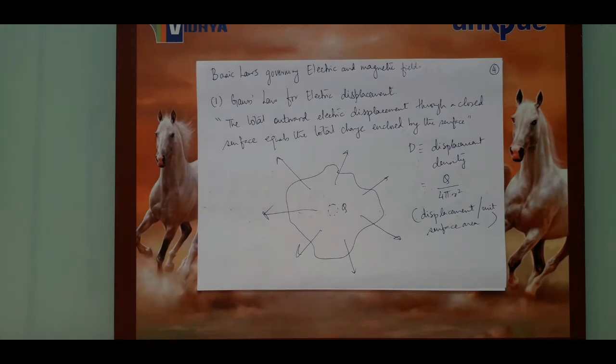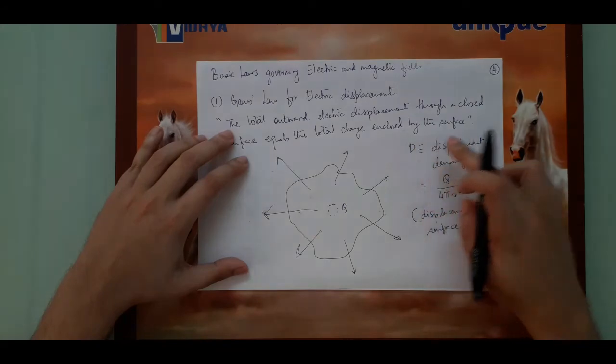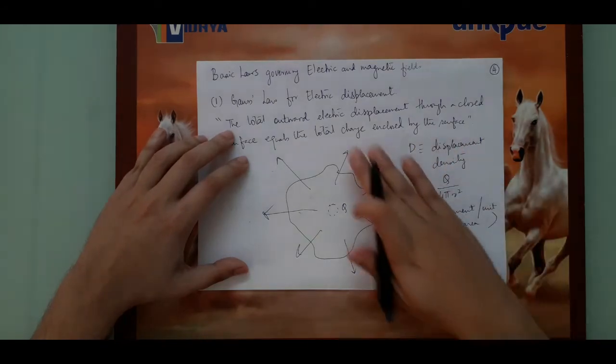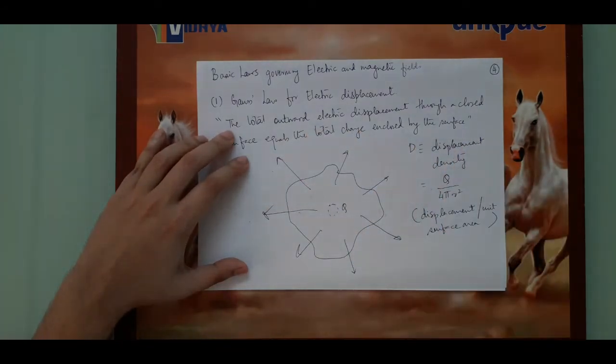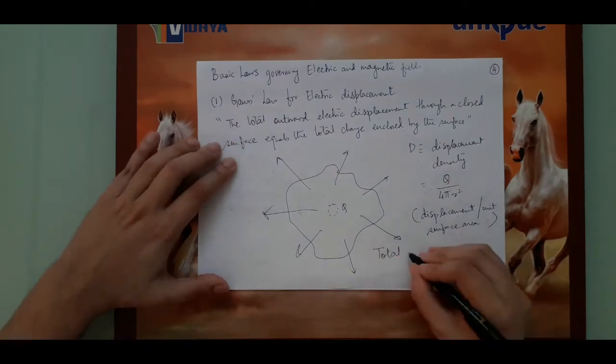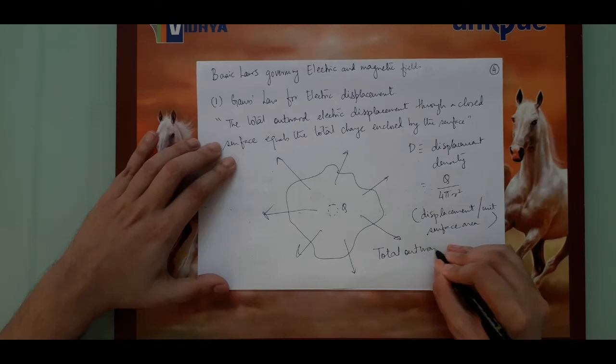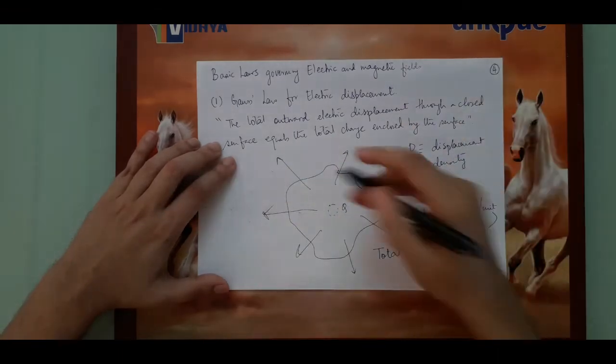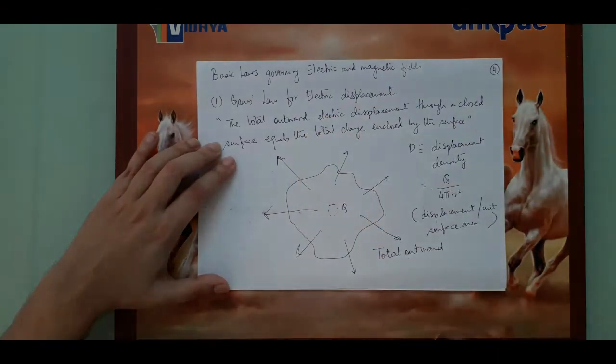So therefore the total displacement is nothing but the displacement density integrated over the whole surface area. So therefore I will say total outward. Why outward? Because let us assume that the field lines are coming out.